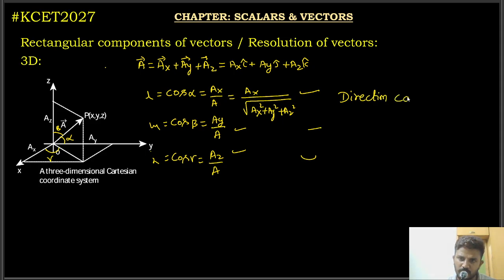Direction cosines. What if we square and add direction cosines? What do we get? In KCET they will ask you, what is l square plus m square plus n square?